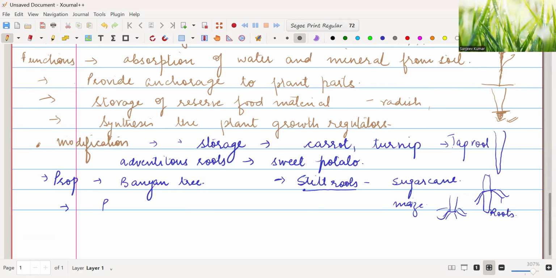Then next is the pneumatophores. These roots grow vertically upward for oxygen in plants of swampy areas, like in Rhizophora.